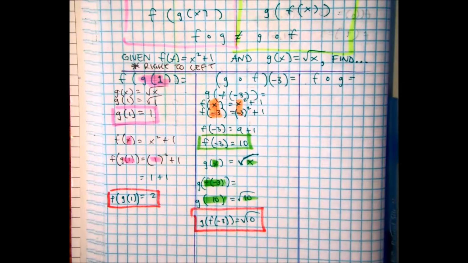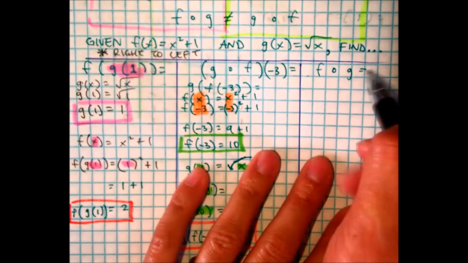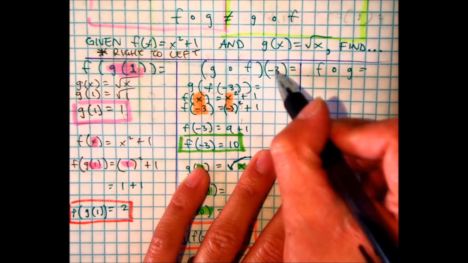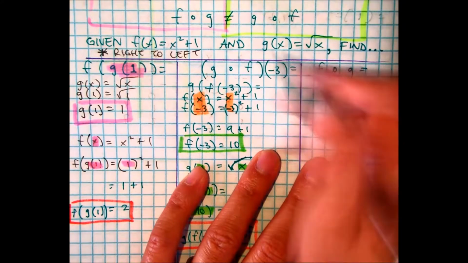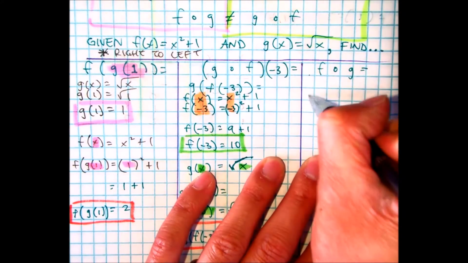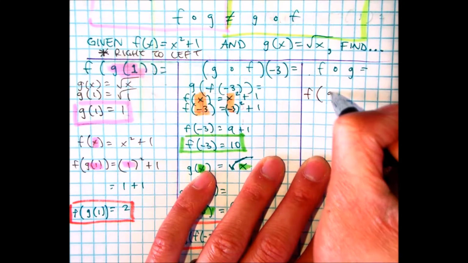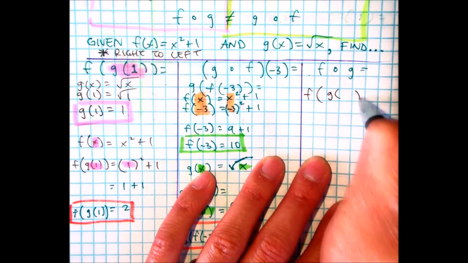Alright, in this third example, it actually doesn't tell us a parentheses of something. Do you guys see that? So let's write this in function notation. So we would write what? F parentheses G. Okay, now there's no number, right?